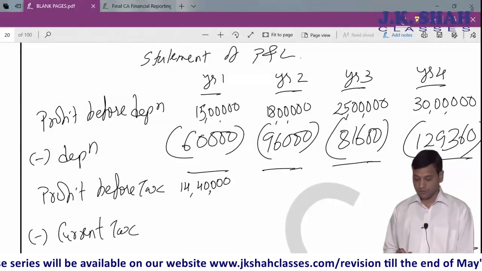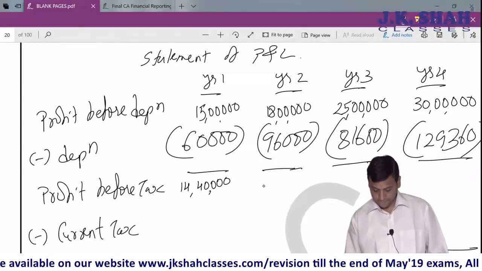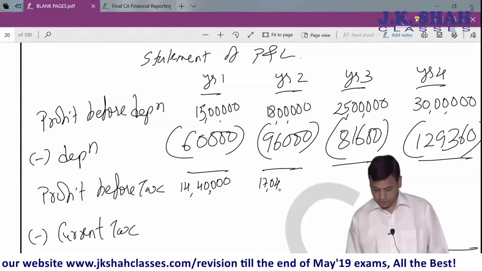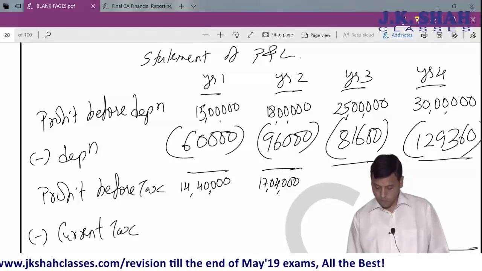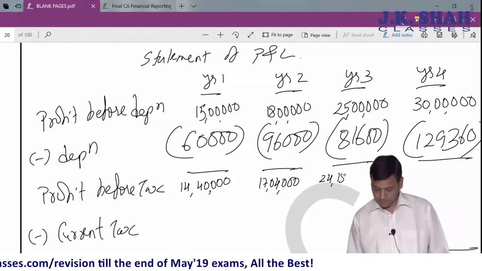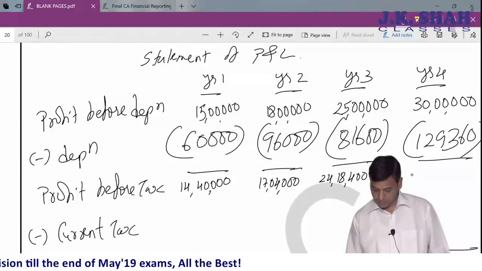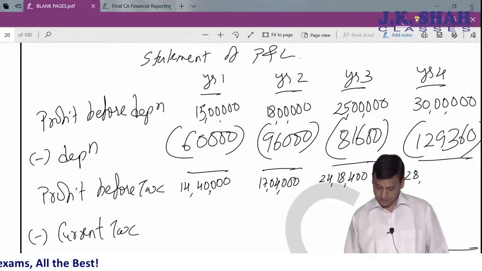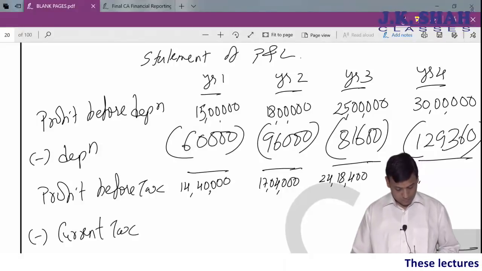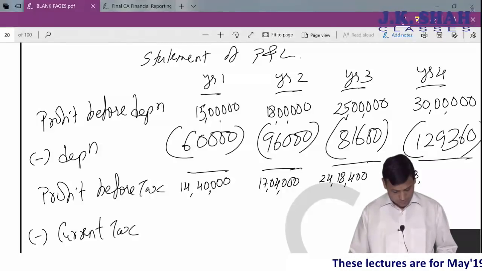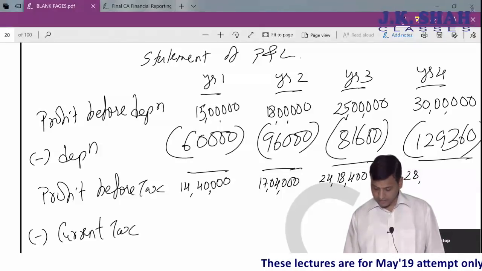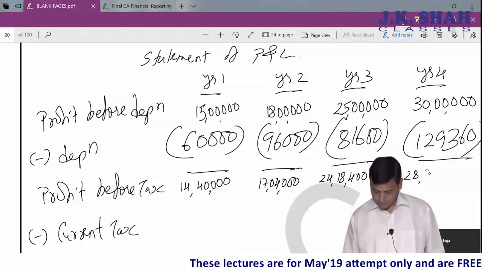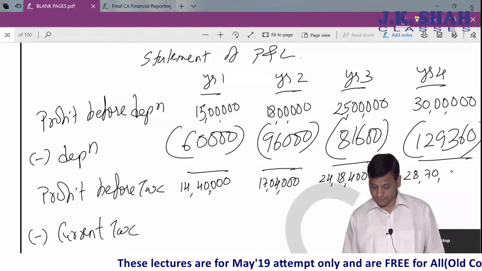Yes, all of you? 1440. 17,04,000. 28 lakh. 640.